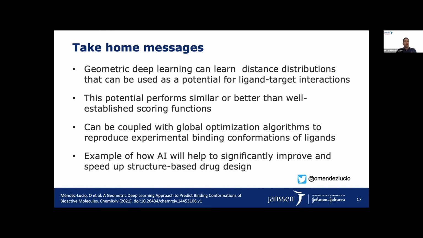The potential that we learn performs very similar or better in some cases than very established scoring functions like Glide, AutoDock, etc. So it might be a good alternative. You can couple this scoring function with an optimization process. But I think the key message today is that this is just the start of how AI can be applied for predicting ligand binding conformation. Hopefully, at some point, we can just do it directly, making docking or virtual screening super fast. I think this is possible and it's coming in the next years.